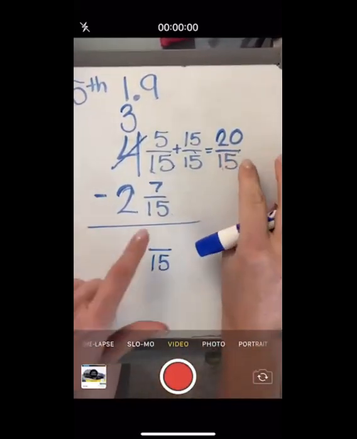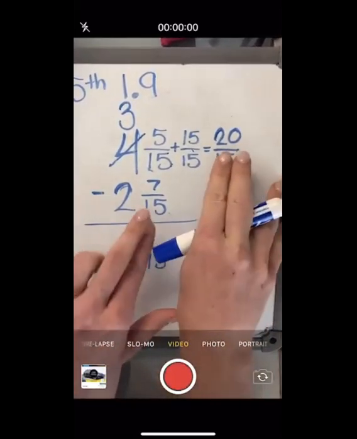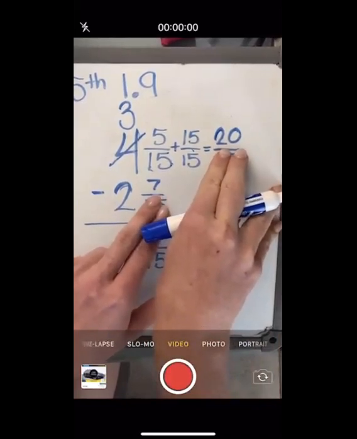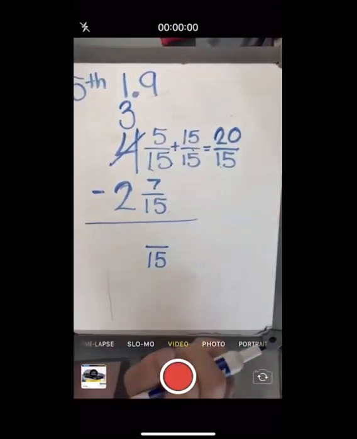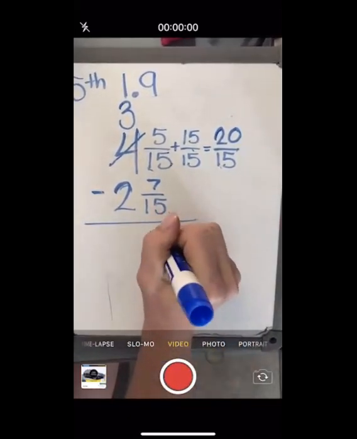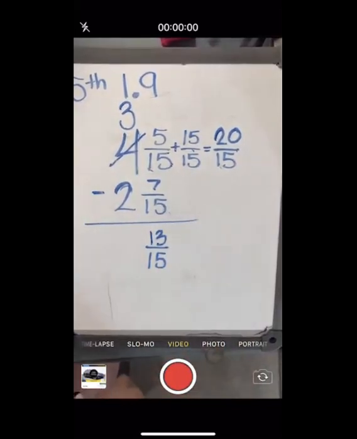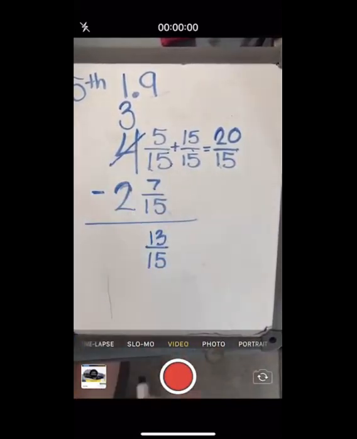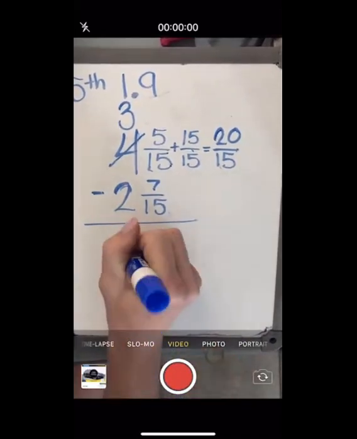But remember, guys, if the denominators are the same, you can almost pretend you're just covering them. Just 20 minus 7 now, which would be 13. Good. And then we took one of our wholes away, right? So now we have 3 minus 2 is 1.